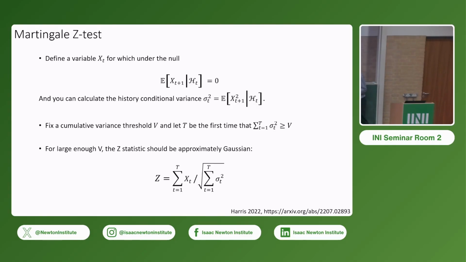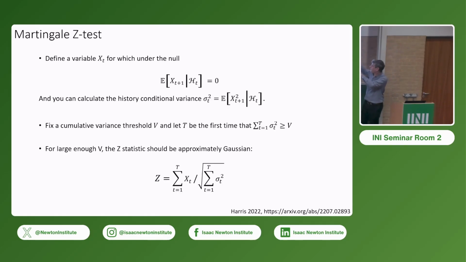And this test statistic x might be, for example, the correlation of the neural activity at time t and the stimulus at time t minus the stimulus conditional mean. In that case, this is going to be true by definition if the neural activity is independent of the stimulus. And you're going to be able to calculate what this is.